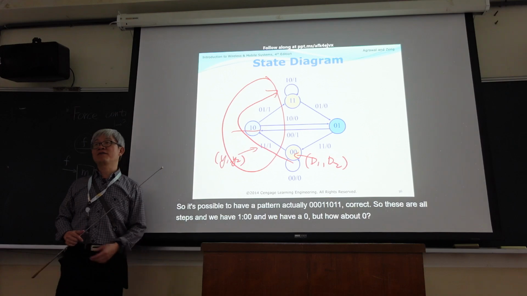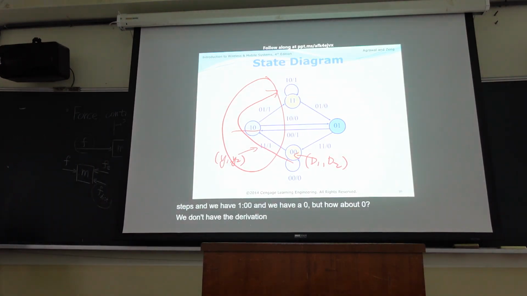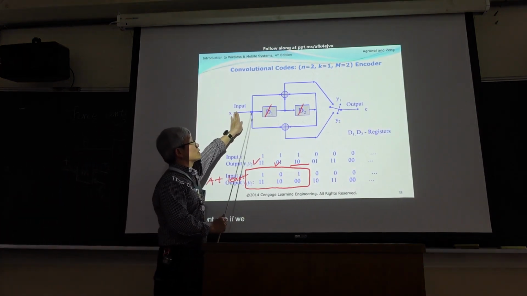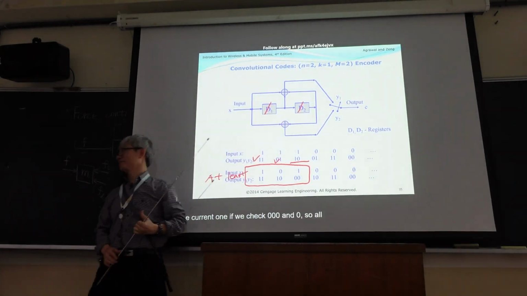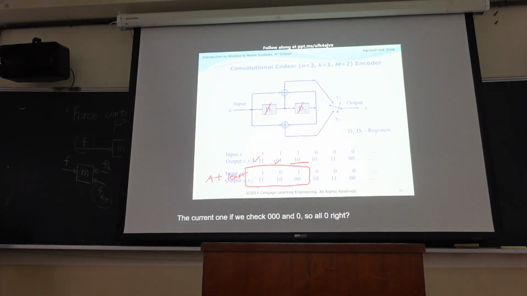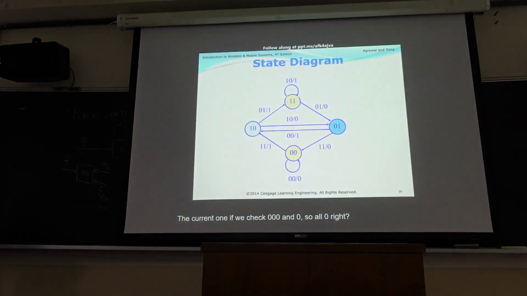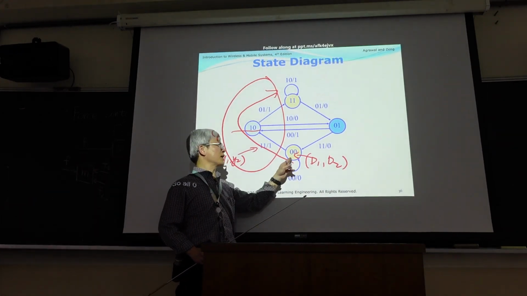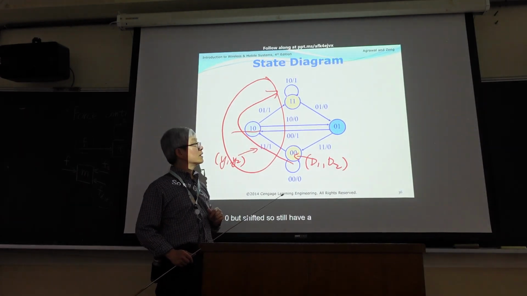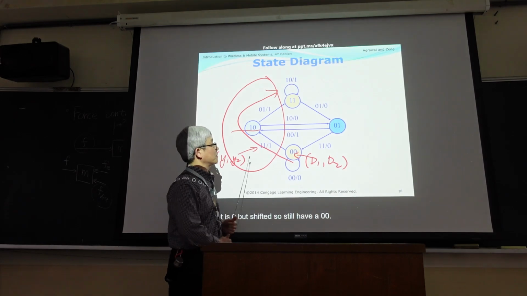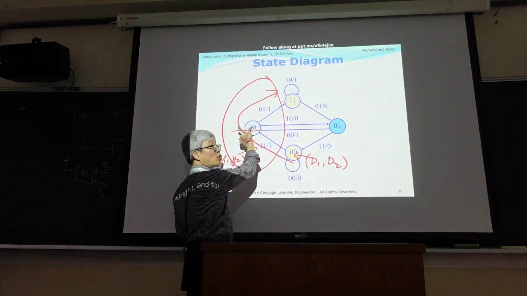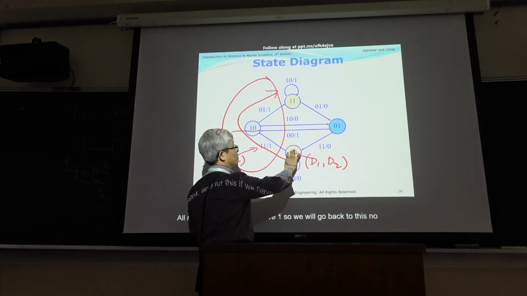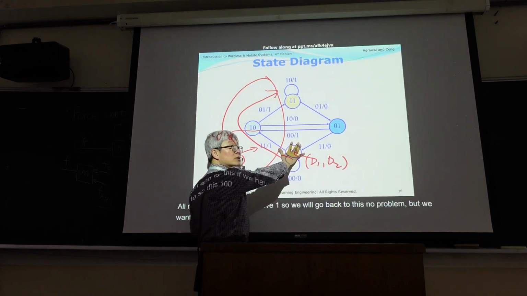We don't have the derivation for 0, so you can check it. For the current one, if we check 0, 0, so all 0, right? So all 0, output 0, but shifted, so still have a 0, 0. Alright, and for this, if we have 1, so we will go back to this, so no problem.